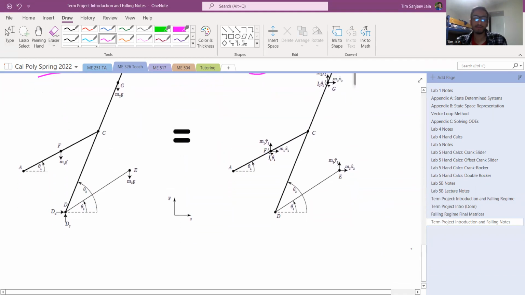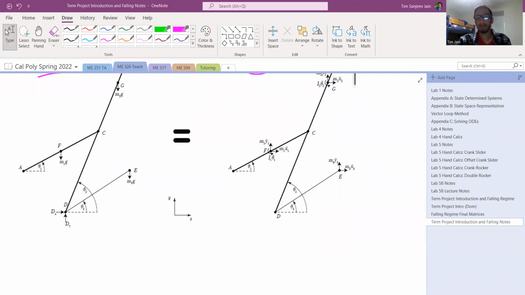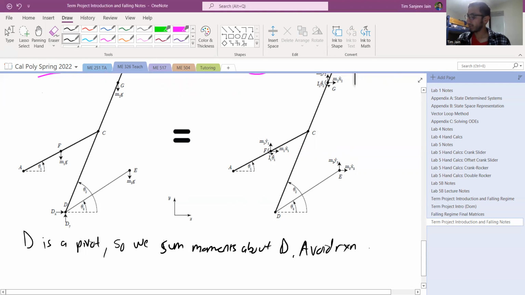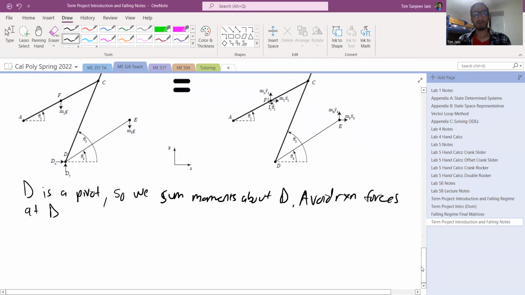So basically what we do, since D is a pivot point, right? D as in dog is a pivot. So we sum moments about D. We can avoid the reaction forces at D because we do that, which is really helpful. So from this, we have the sum of the moments about D on the FBD side.